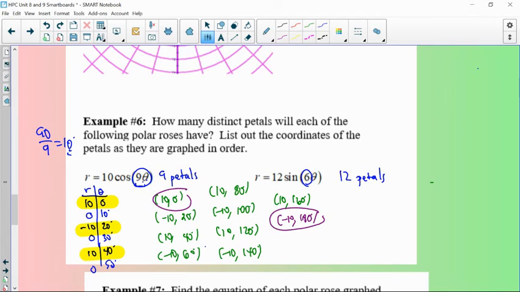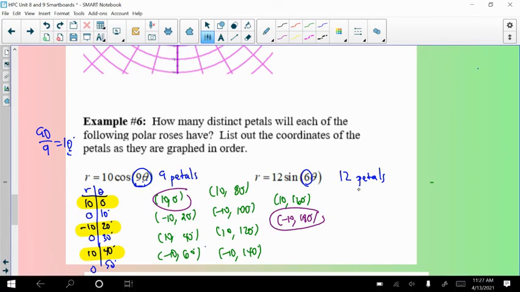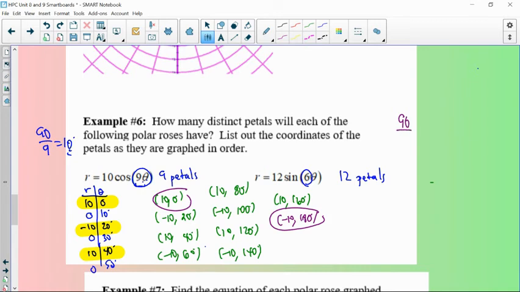And then I won't do the second part, these 12 petals, but if we do 90 divided by 6, that means every 15 degrees I'd have something happening with my sine function. So if you wanted to follow the pattern there, r comma theta, thinking every 15 degrees: 45, 60.